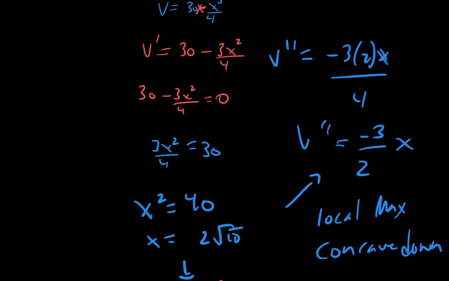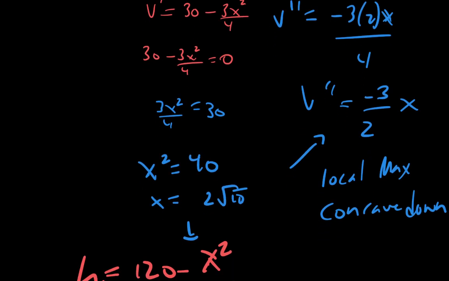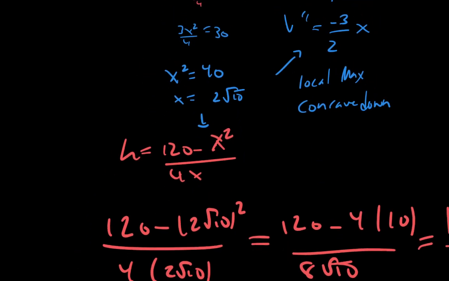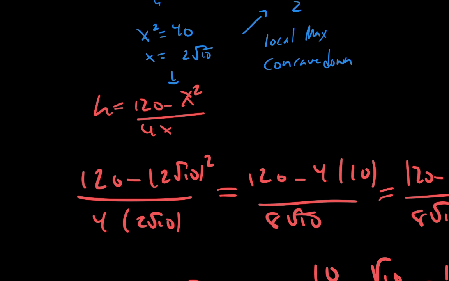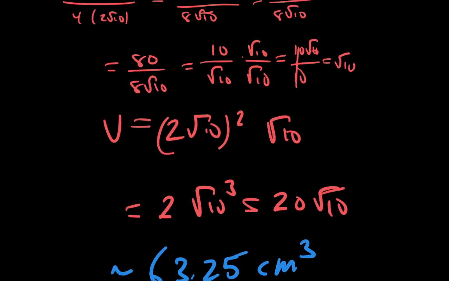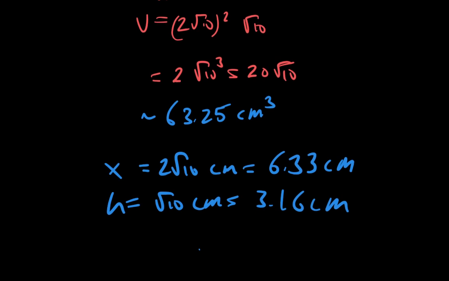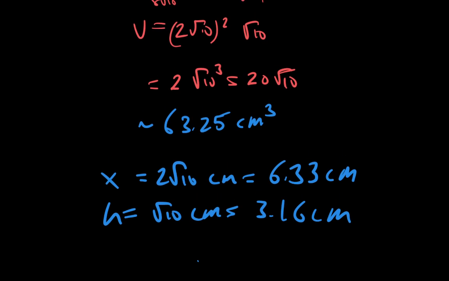Our first derivative we set equal to 0, and we solved for X, and we had two values, but because one of them wouldn't make any physical sense, we only had one real value. We used that, and then we plugged that back into our expression for H, and then we found our two numbers, and we found our maximum volume given our X and H values. That's pretty much it for this example.